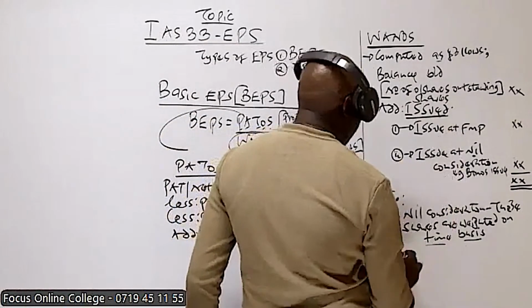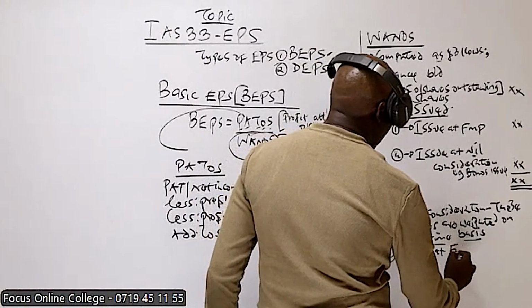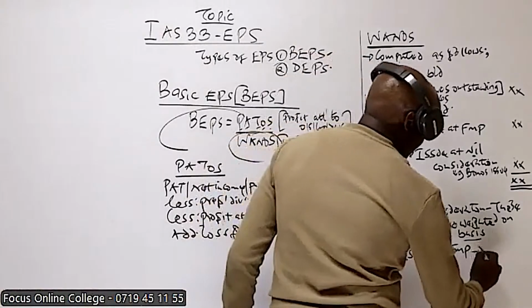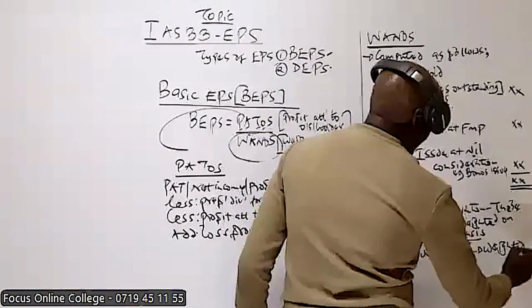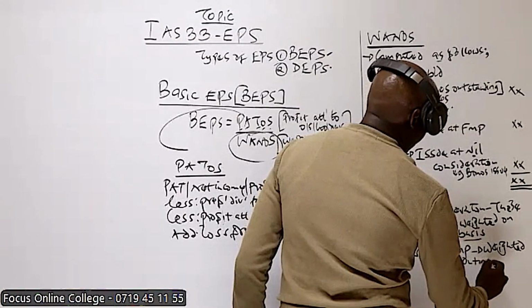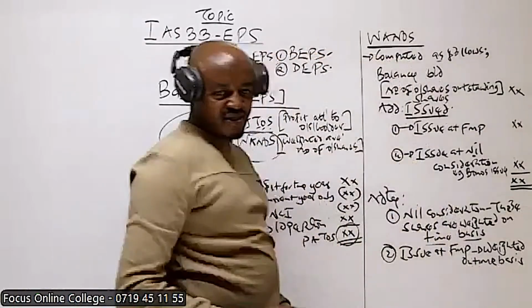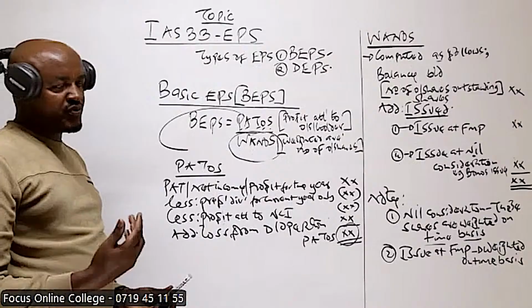But now these shares which are issued at full market price are supposed to be weighted on time basis. Let me explain what you mean by weighing the shares on time basis.